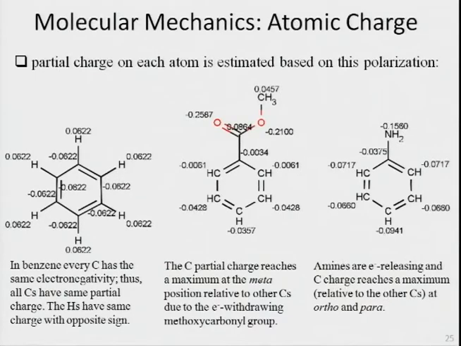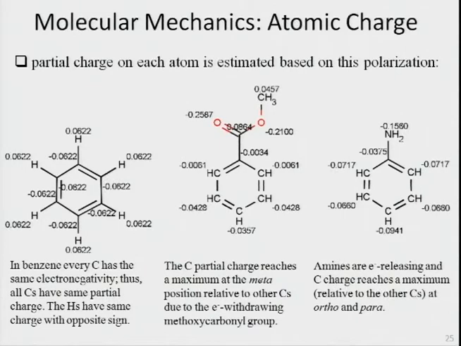For example, in benzene, all of the carbons and all of the hydrogens have the same charge because they are equivalent. However, if you put something like methyl ester on, which is an electron withdrawing group, because they are connected to one another, the oxygen atoms have a greater electronegativity than the carbon atoms in general.